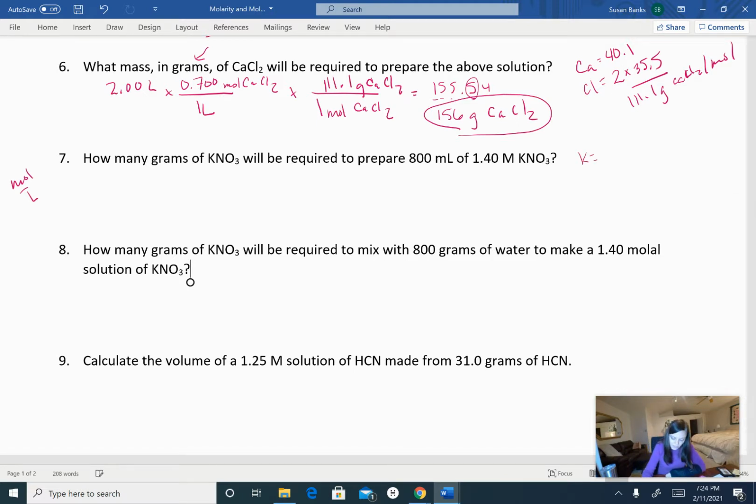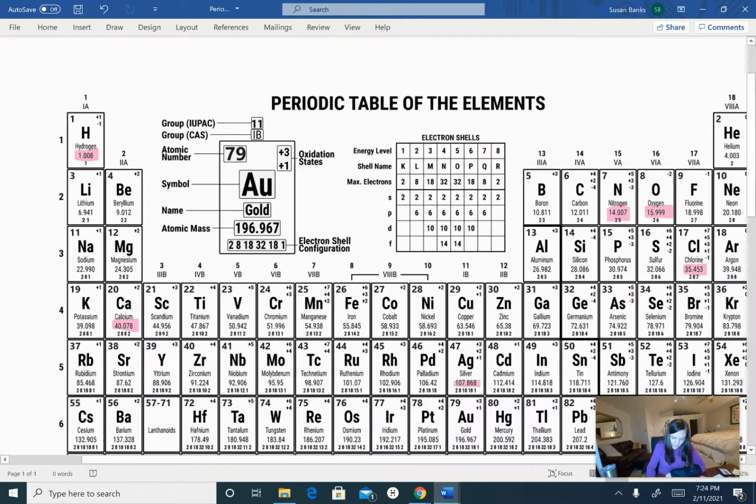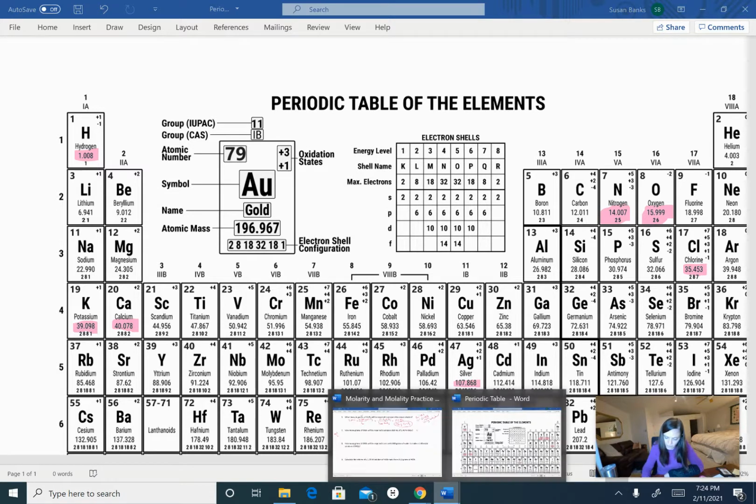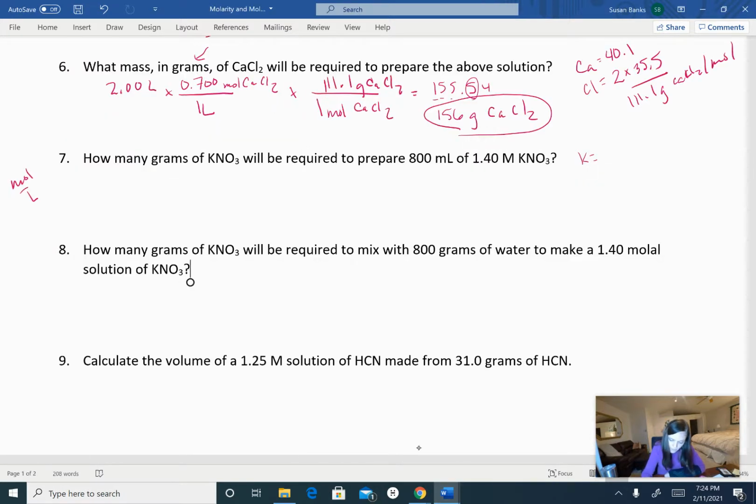So potassium, let's look that up. Potassium, 39.1. Nitrogen is 14. And oxygen is 16. So potassium, we've got one of them, 39.1. Nitrogen, 14.0.